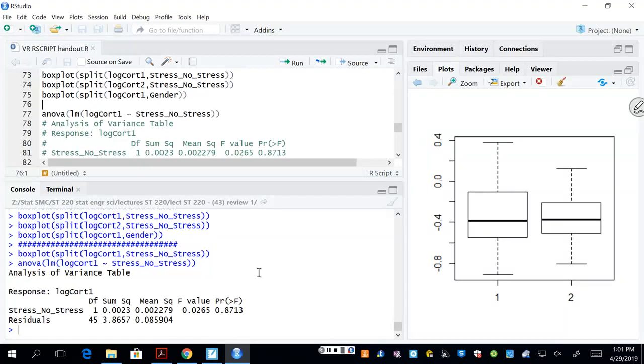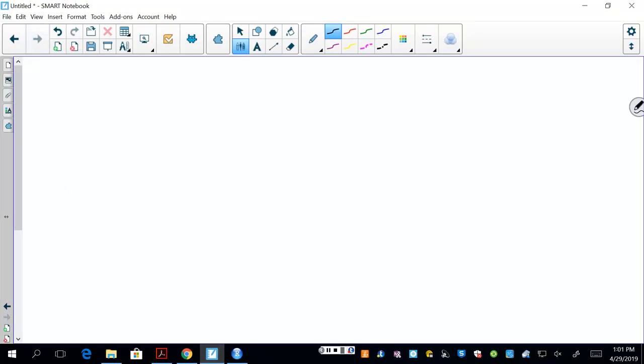Right? So what are the hypotheses we're studying in this case? In ANOVA, we look at differences in means, right? So in this case, I can set this up a little bit more.